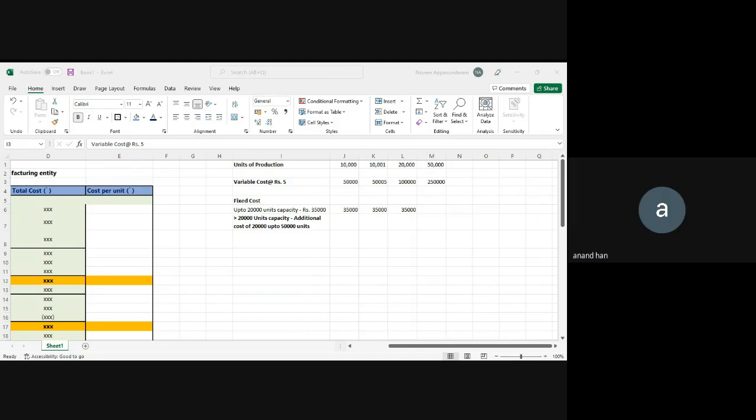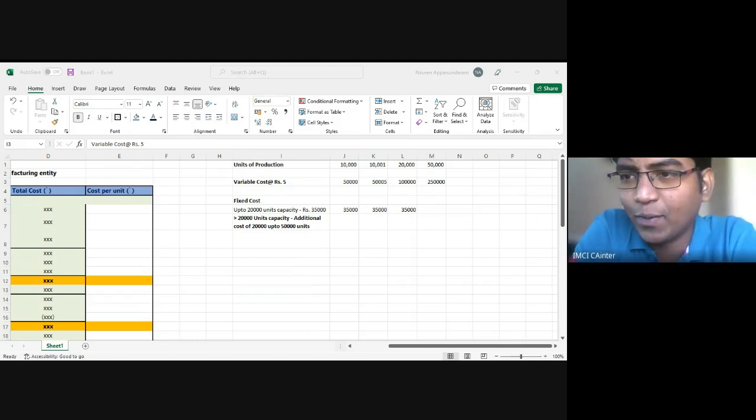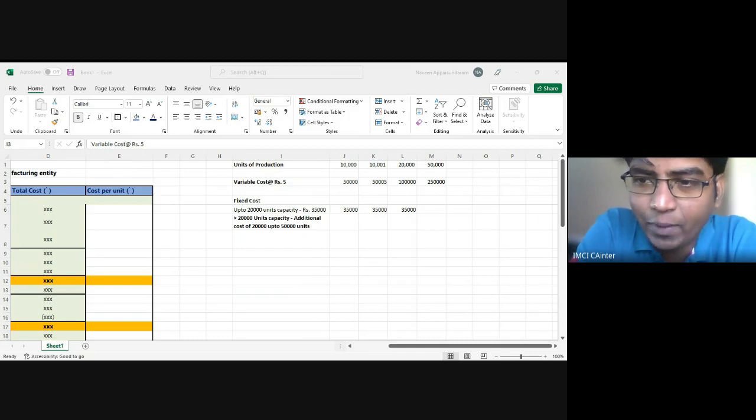Variable cost changes directly with the volume of production. So it keeps changing whenever the volume increases or decreases. Exactly. It is directly attributable to every additional unit of production. Only if you're producing that unit will the cost be incurred. That is called variable cost.